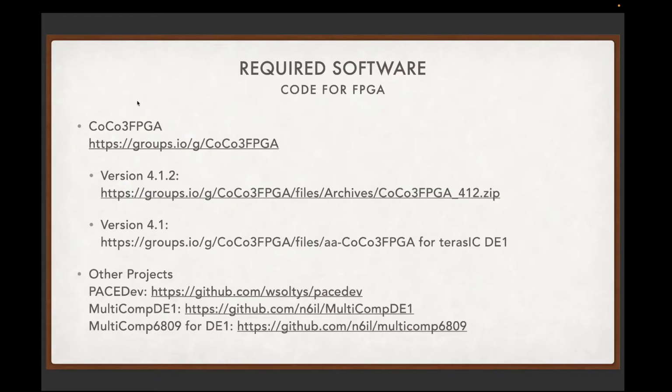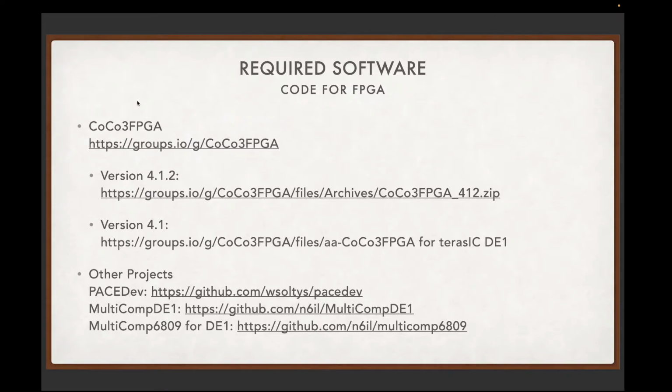You need the actual FPGA software or firmware itself, Coco 3 FPGA. The latest version is 4.1.2. Many people are just running 4.1. I've been playing around with PaceDev, which is an old project by Mark McDougall, which has a lot of things that you can run on a DE1 or DE2 board.